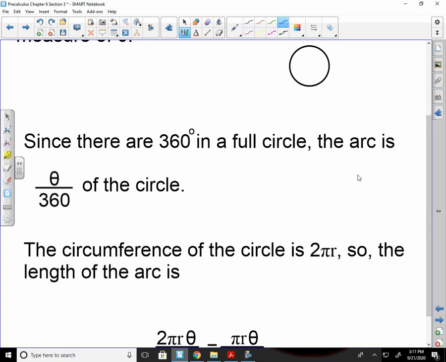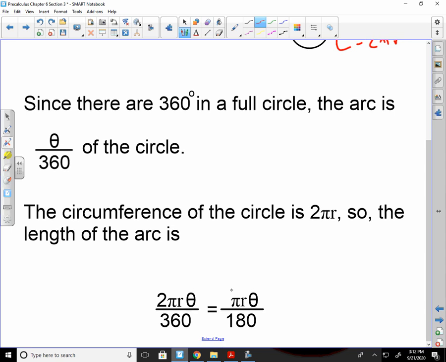The circumference of a circle is 2 pi r. So that's our formula for circumference, C equals 2 pi r. So the length of the arc is the circumference, 2 pi r, times theta divided by 360.